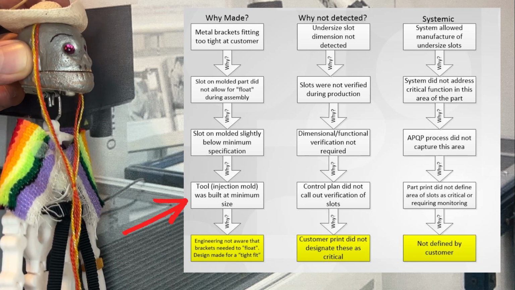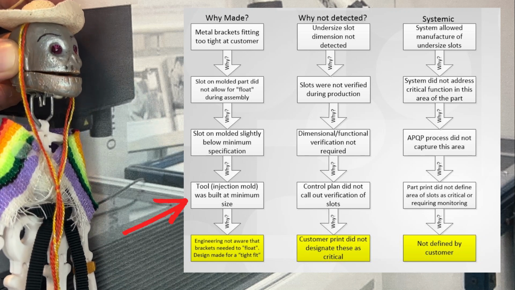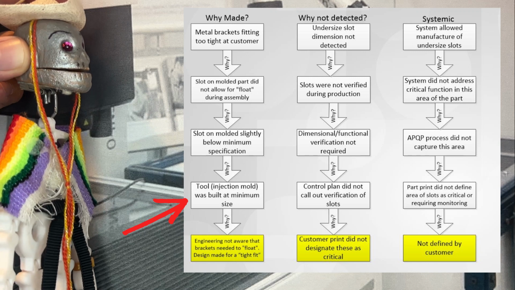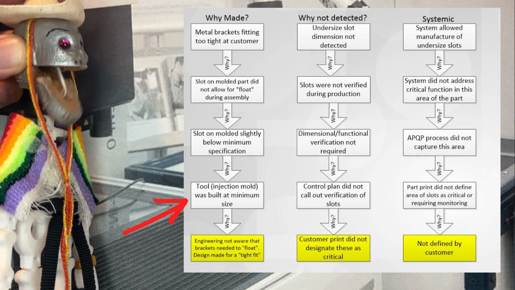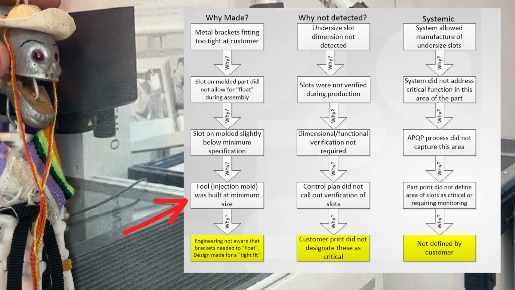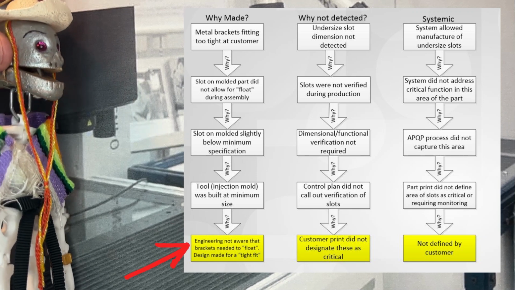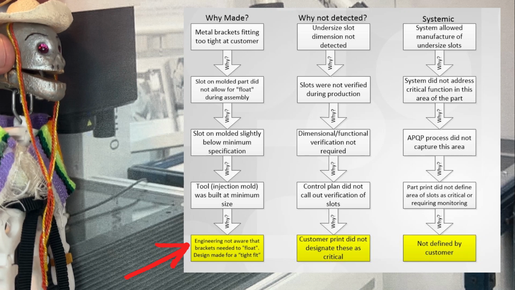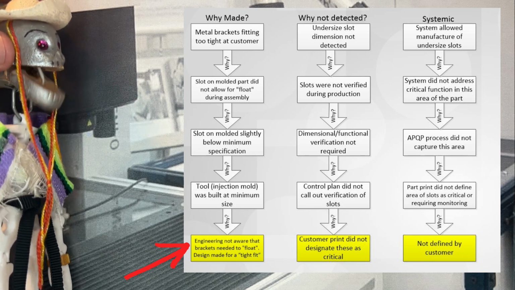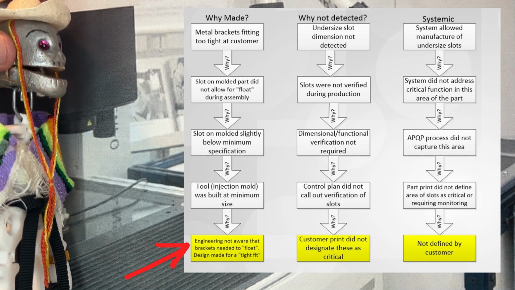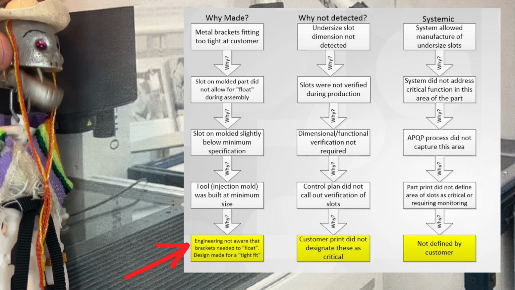Why? Because the tool, which refers to the plastic injection mold, was built at the minimum size specified on the print. Why? Because the engineering department was not aware that the brackets needed to float, so the design was made for a tight fit. So the root cause is a wrong process design.